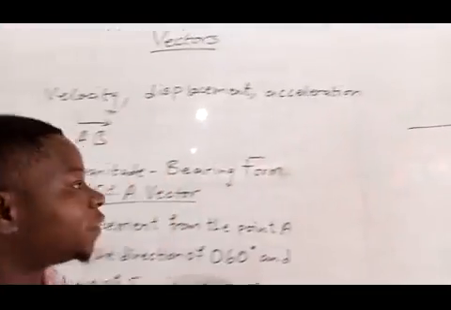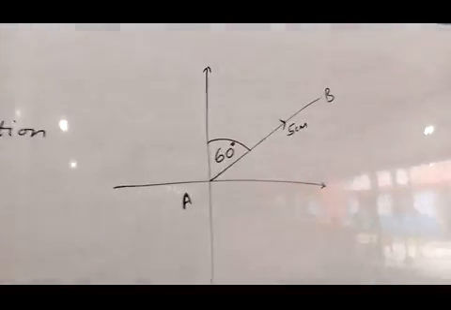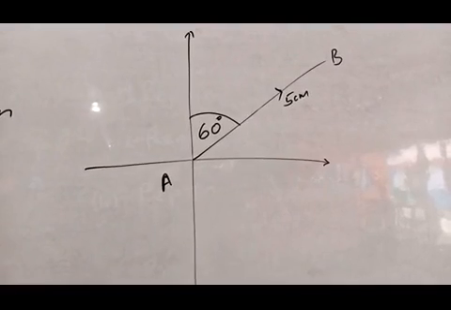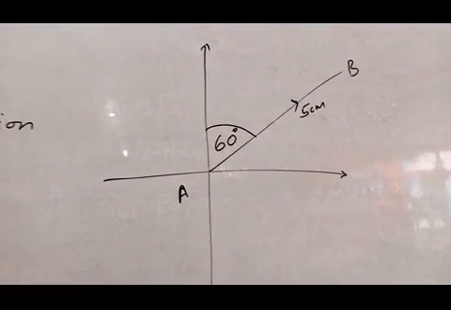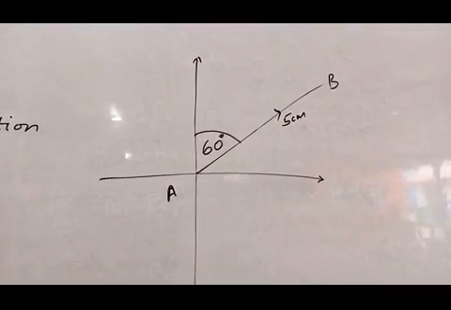Okay, so this is how the displacement from the point A to B in the direction of 060 degrees and a distance of 5 centimeters is represented on the Cartesian plane.